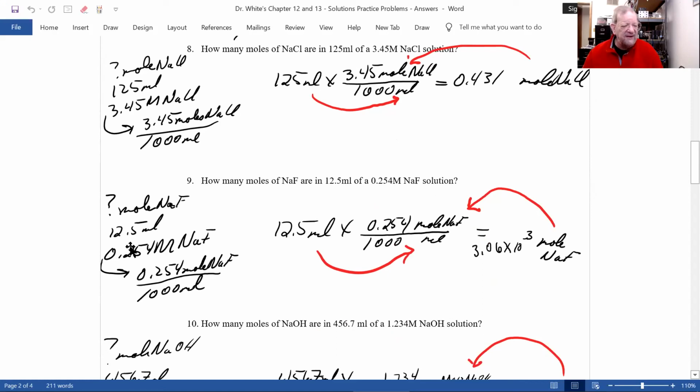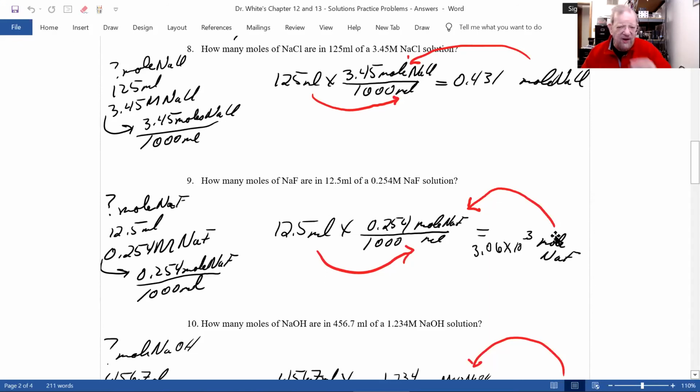What does that mean? It means 0.254 capital M is molarity, moles of NaF sodium fluoride per 1,000 milliliters. We only have the 12.5 milliliters to start with. And we're trying to get the moles of sodium fluoride.